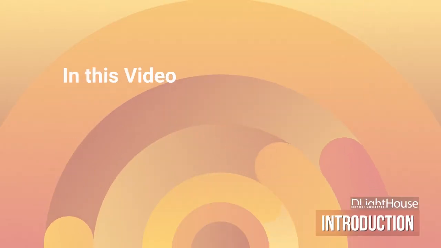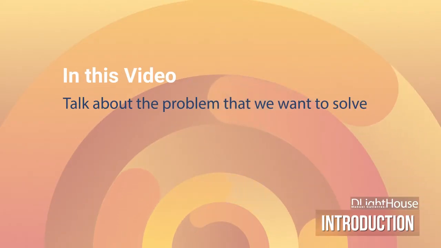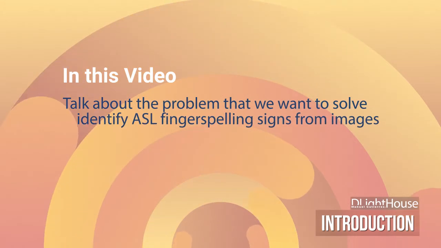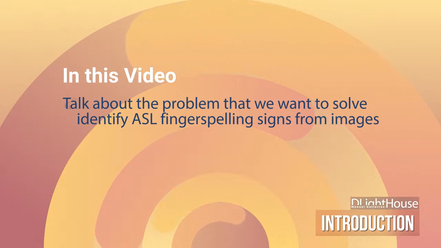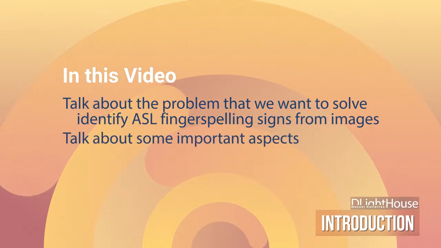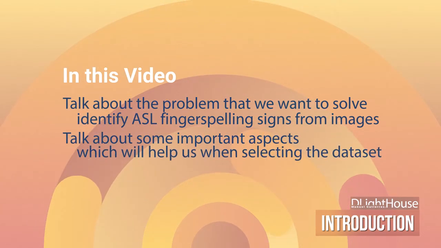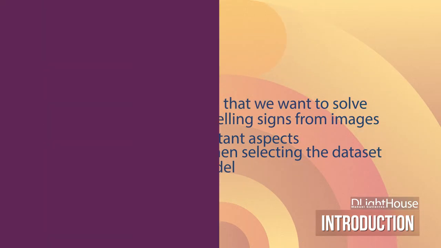In this video, let's talk about the problem that we want to solve. We want to be able to identify ASL fingerspelling signs from images. And let's quickly talk about some important aspects of it that will help us when selecting the dataset and defining the model.